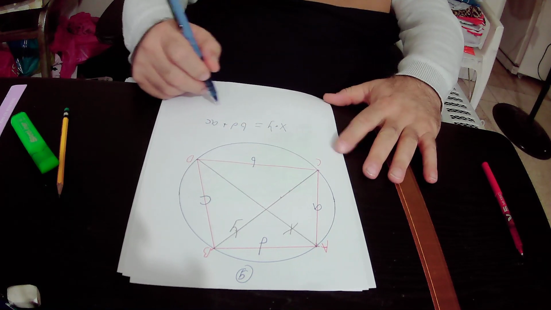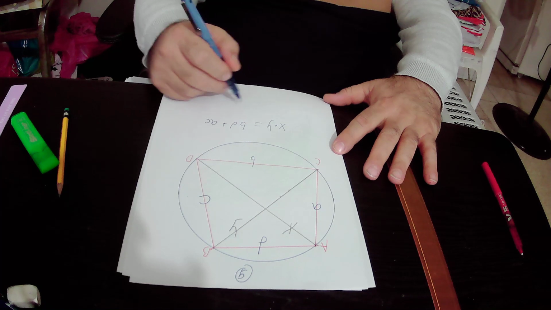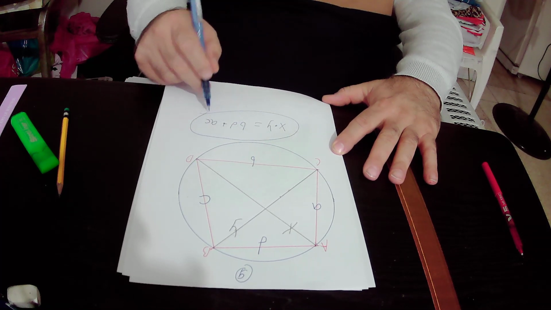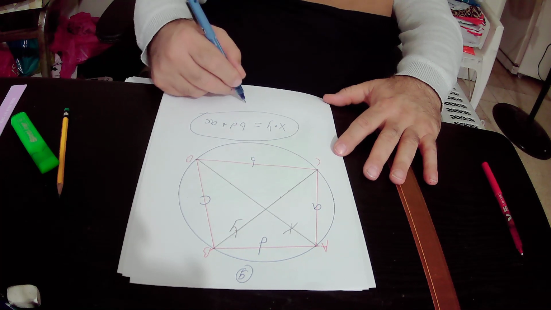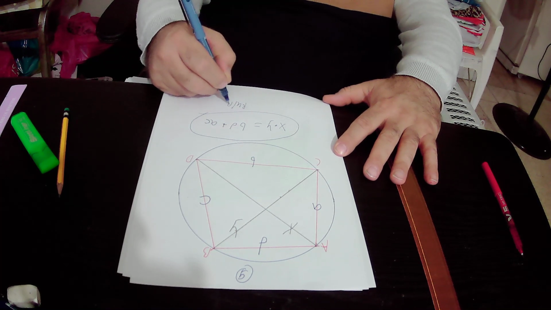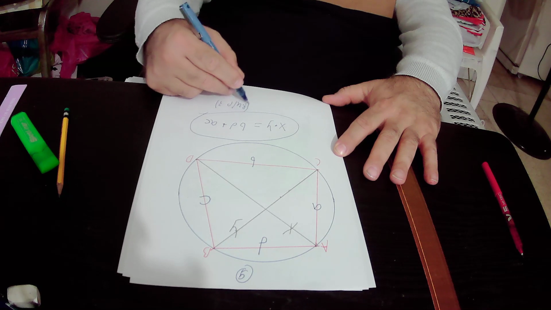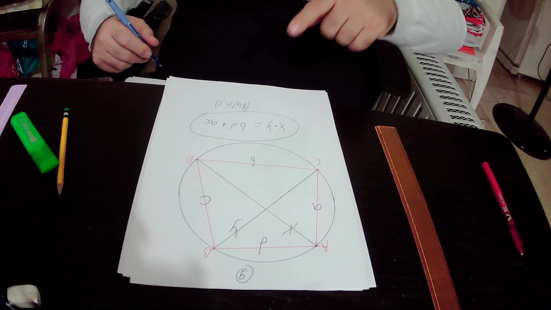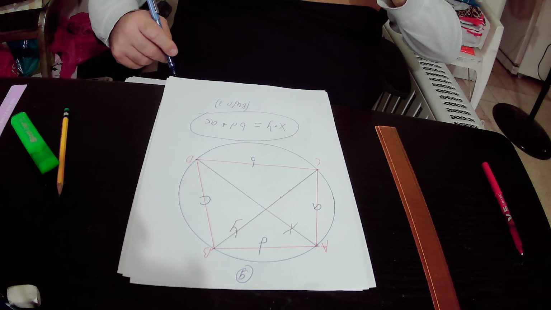Okay, so according to rule number 3, the product of its diagonals, that is X times Y, equals the sum of the products of its opposite sides.